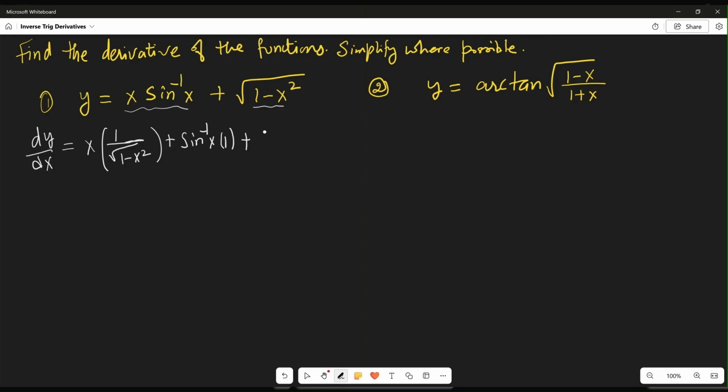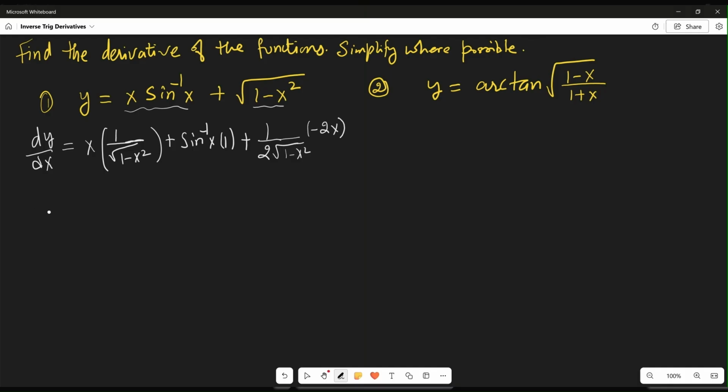So we have 1 over 2, bring the power down. This is going to be negative 1 over 2, so it comes under here, and then take the derivative of the inner function, which is negative 2x, correct? Because derivative of constant is 0.